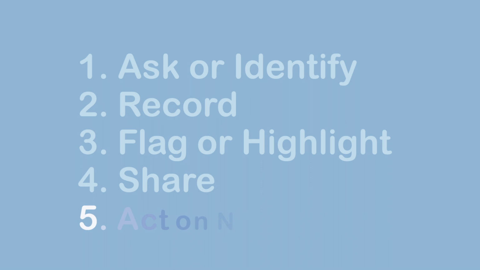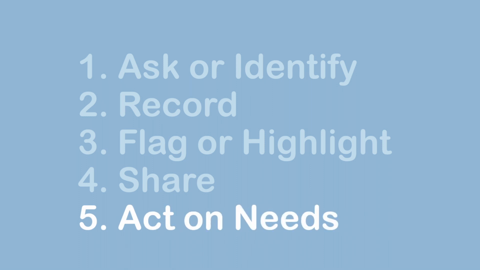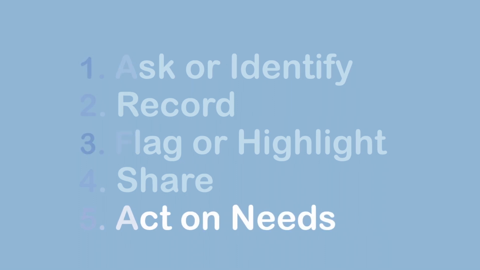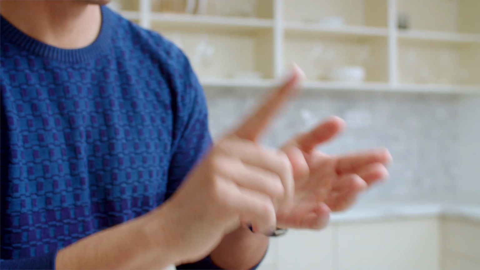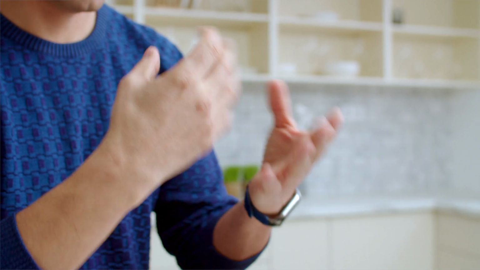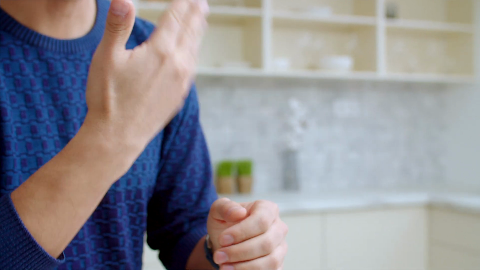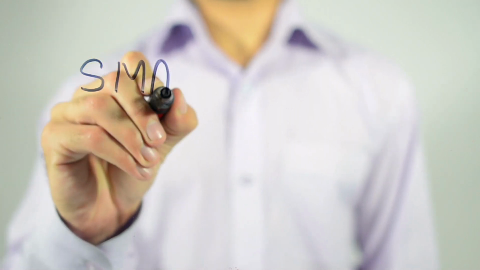The fifth and final step is to ensure that you always act on any needs that have been identified. For example, ensuring that there is always a BSL interpreter booked for appointments. Complying with the Accessible Information Standard mostly involves making small changes.